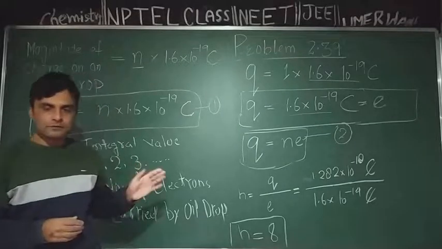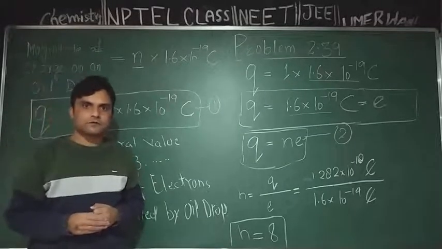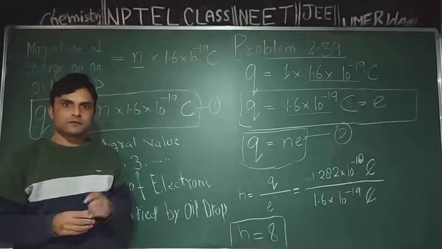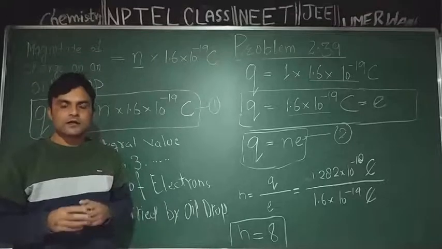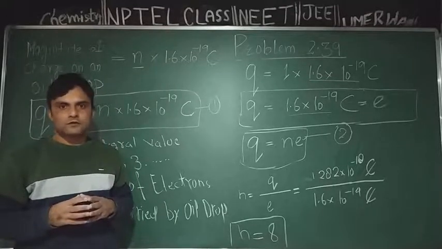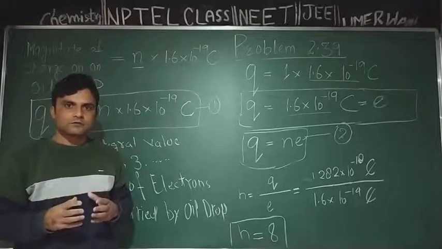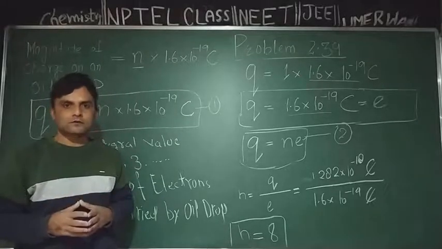In this oil drop experiment, the aim of Millikan was to determine the magnitude of charge carried by one electron, and for that the idea he used is that he made electrons get stuck with the oil drop.